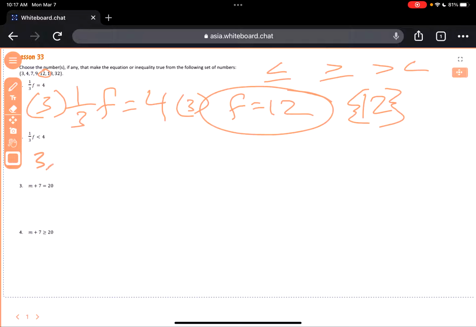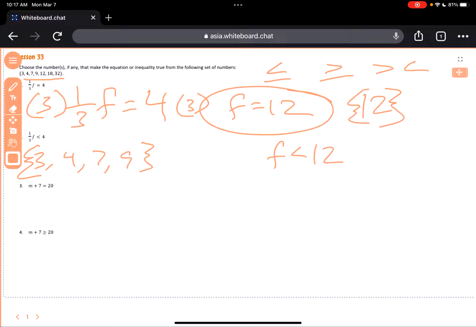Yeah, so we could say 3, 4, 7, and 9. Because those are all less than 12. Just like if we would have worked that out up here, we would have F less than 12. Well, we can't include 12 because it's got to be less than 12. So what up here in our list is less than 12? Well, 3, 4, 7, and 9.